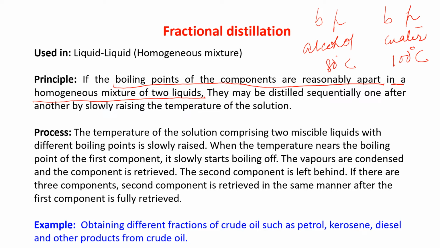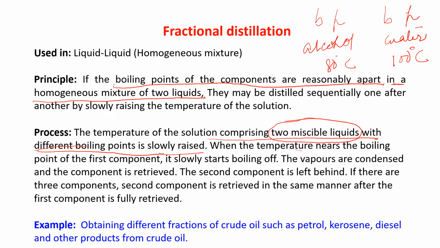See what the process routine is here. Please remember this: fractional distillation is used for separating two miscible liquids with different boiling points. The temperature of the solution comprising two miscible liquids with different boiling points is slowly raised.